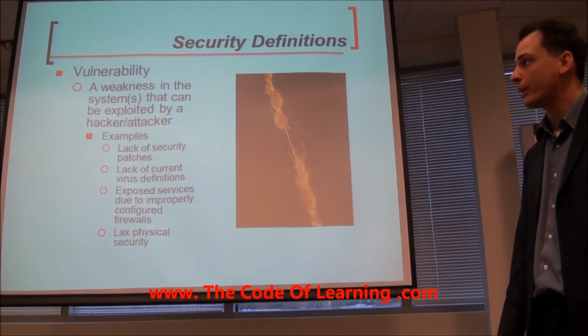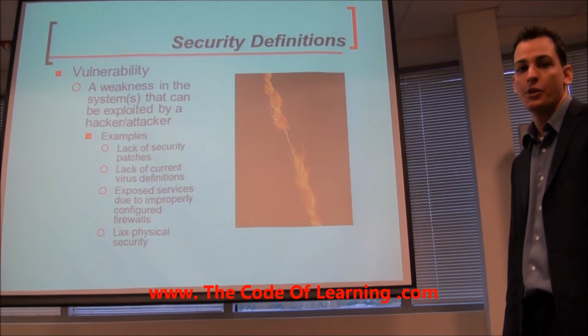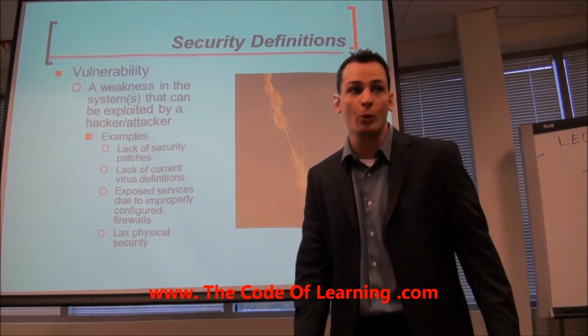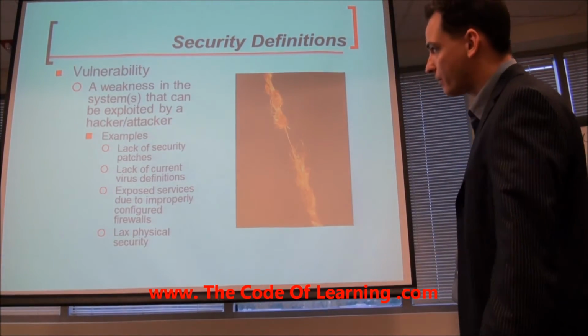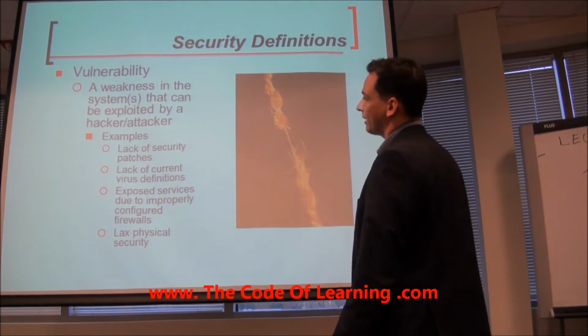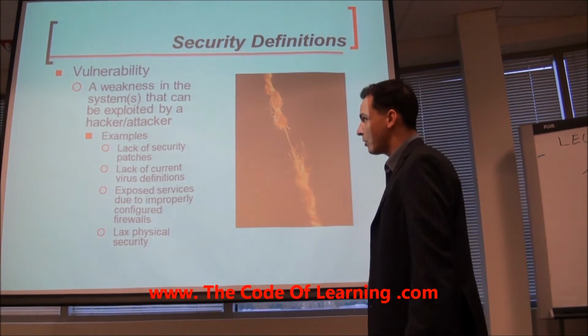All right, so vulnerability. I want you to circle a weakness in a system. Your key word for vulnerability is a weakness in a system. Those are your keywords. Again, we're going to play the game of keywords because it's a lot easier to remember a handful of keywords than it is 1,100 pages of notes.